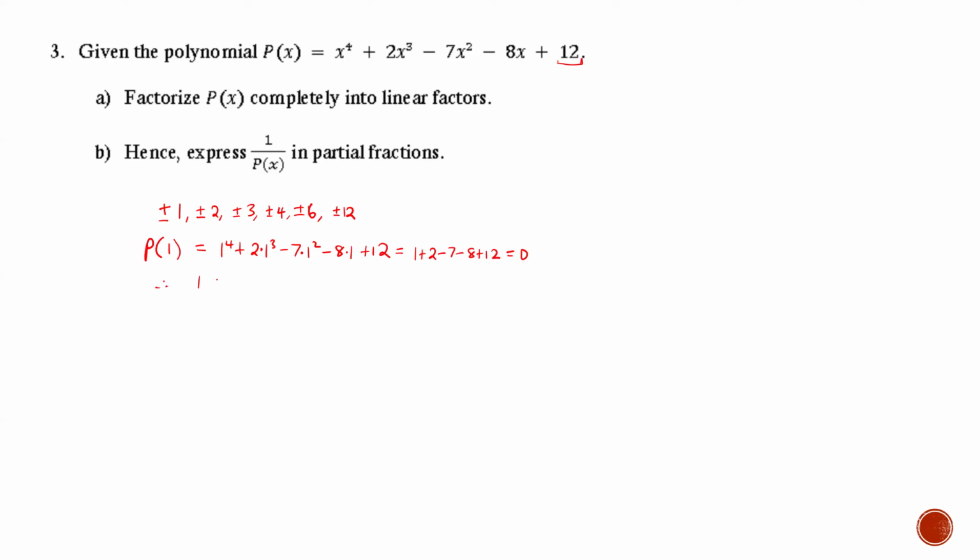This means 1 is a root of p of x. And if 1 is a root of p of x, that means x minus 1 is a factor of p of x. It's the relationship between roots and factors. So if a is a root of a polynomial, then x minus a is a factor of that polynomial, which means that if you divide the polynomial by this, you should get no remainder. That's what it means.